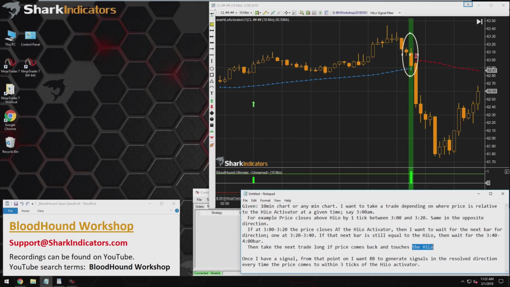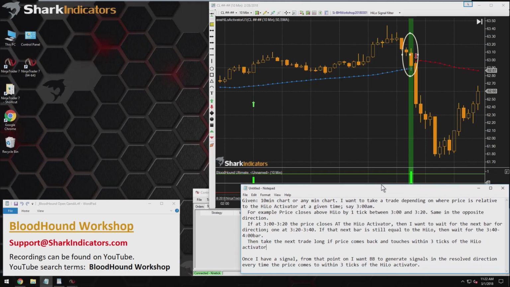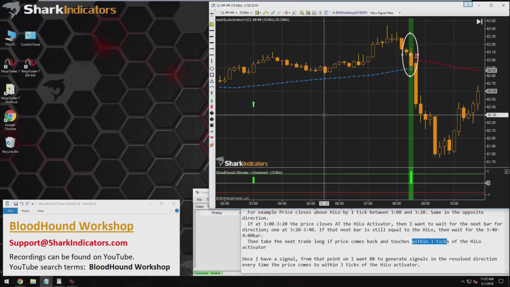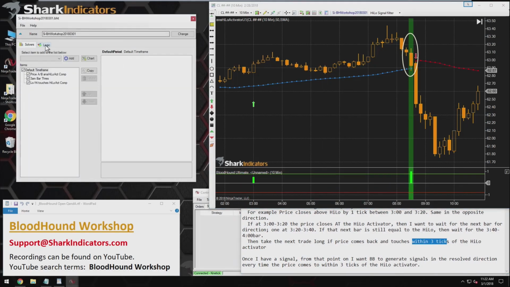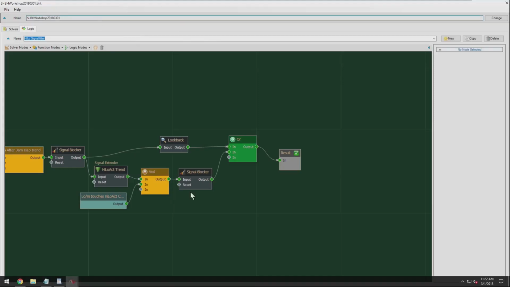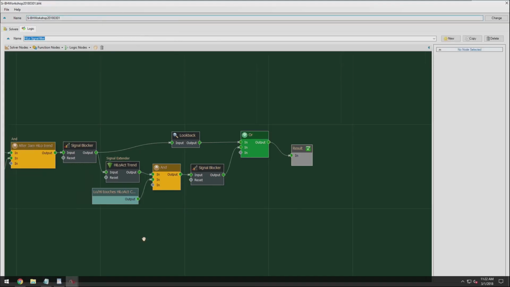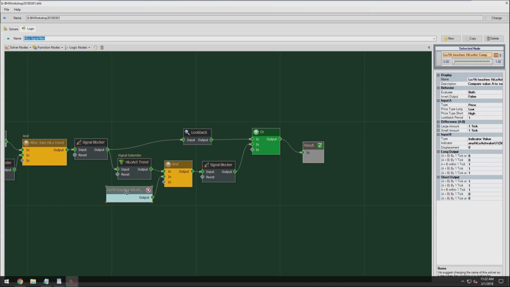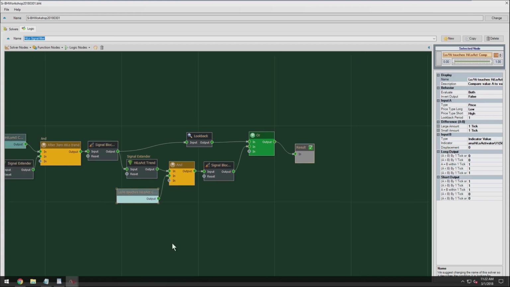So there we go. Let's put that on here. Okay, so let's make this a little adjustment here of within 3 ticks. Let's make that adjustment to the system here. And that was controlled by this solver here.